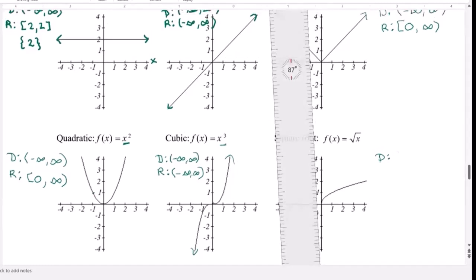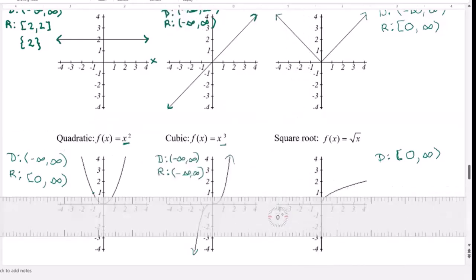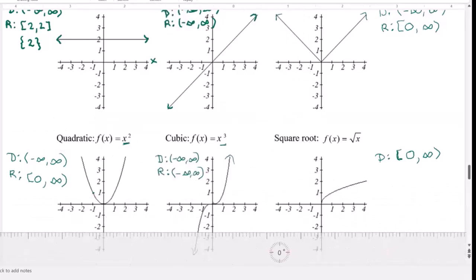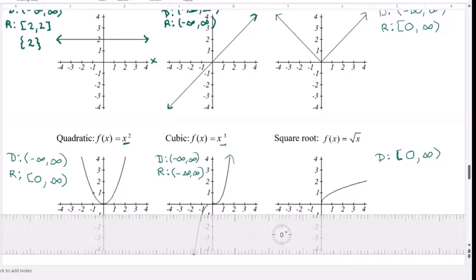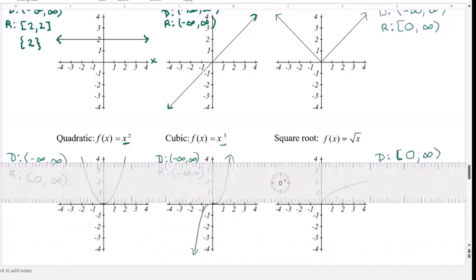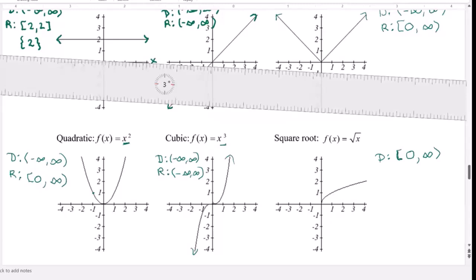So I can say this goes from 0, and I do include 0 because the square root of 0 is 0. And I go to positive infinity. And then if I look at the range, I'm looking at my y values. So I'm going up until I get to 0, and then that goes to infinity. So my range also is from 0 to infinity, right?